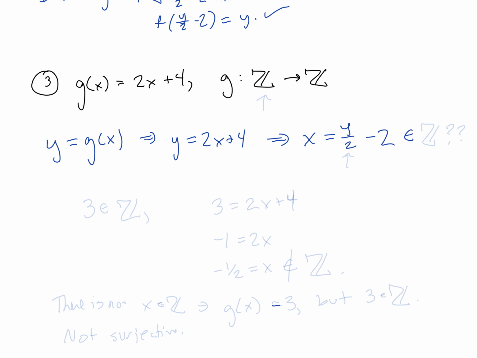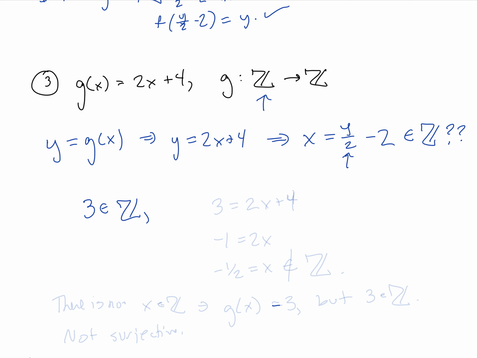Is this always going to be in the domain? Not necessarily, right? So for example, what if y was 3? So let's say 3 is an element of the integers. Then this is not going to be an integer.